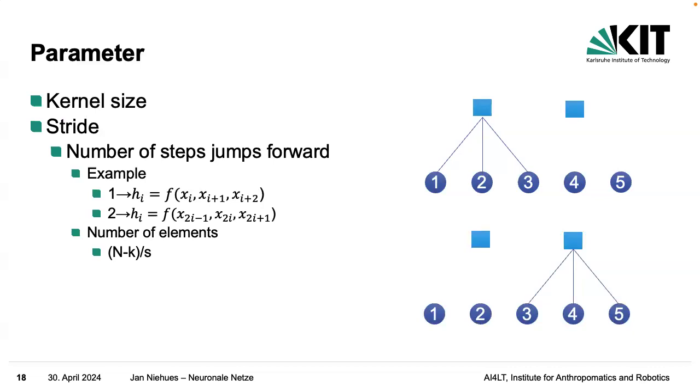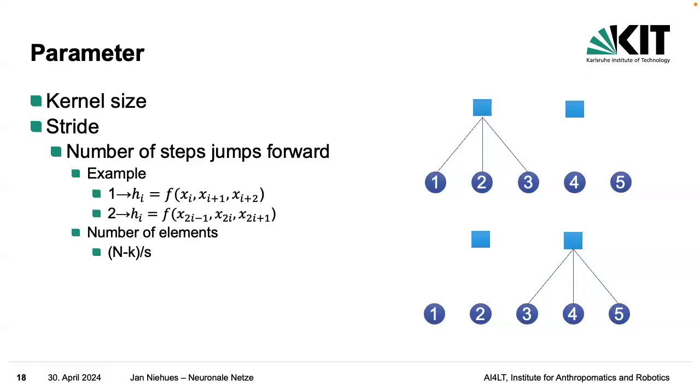So if your receptive field is quite big, there's maybe not a big difference by just going one pixel at a time. So it might make sense to just go further, and that is the shift. If you have a shift of 2, that means that at position i, you're not at i plus 1 and i plus 2, but you're at 2i minus 1, 2i, and 2i plus 1. So you're shifting just by more positions.